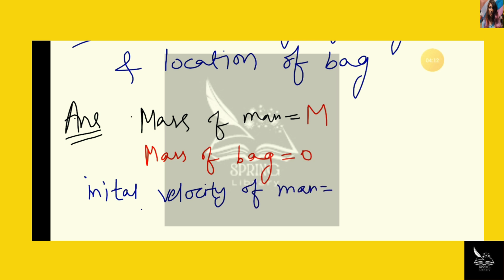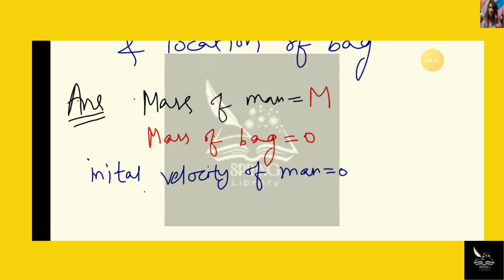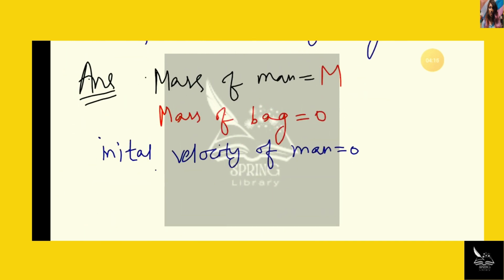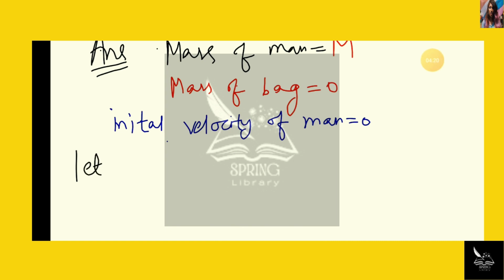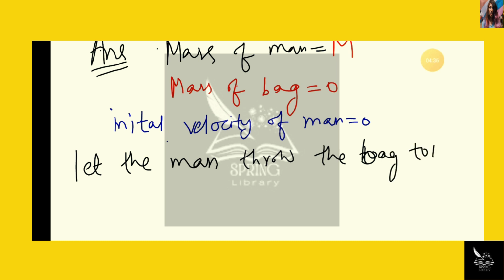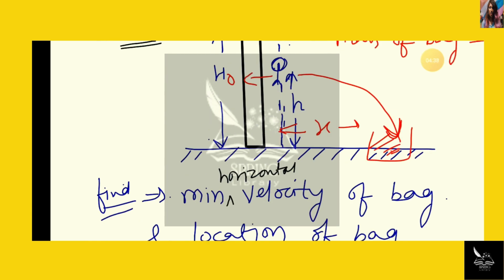Now after falling down, let's assume that the man throws his bag towards the left, that means with respect to himself it is thrown in the opposite direction, in this direction.